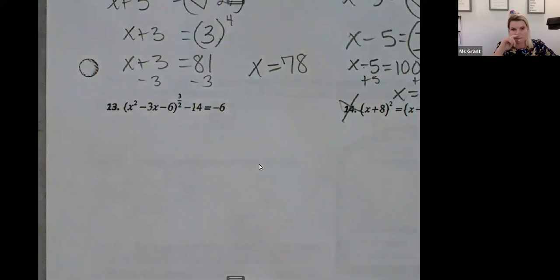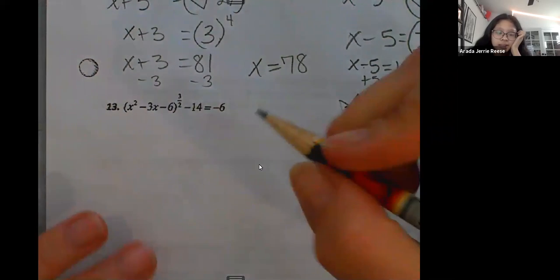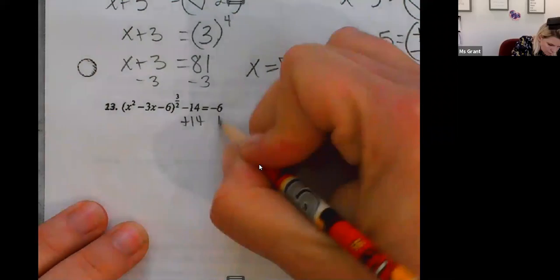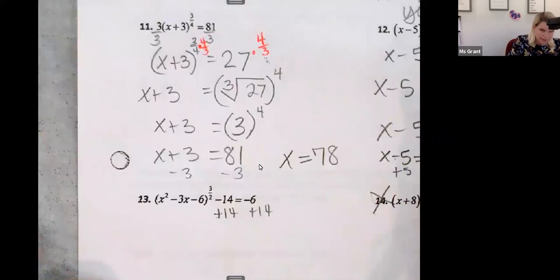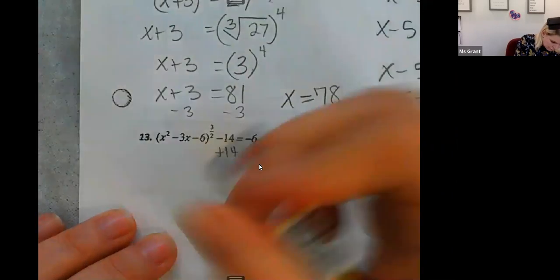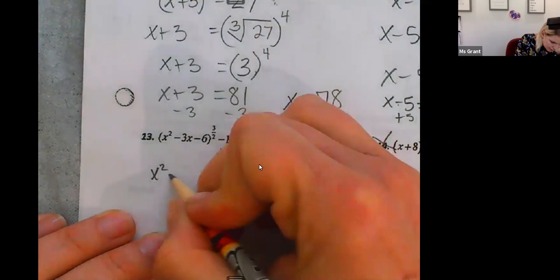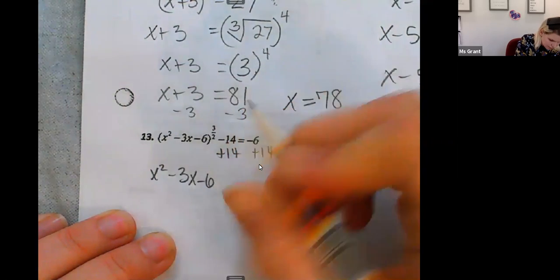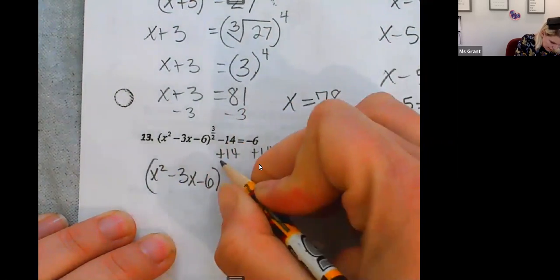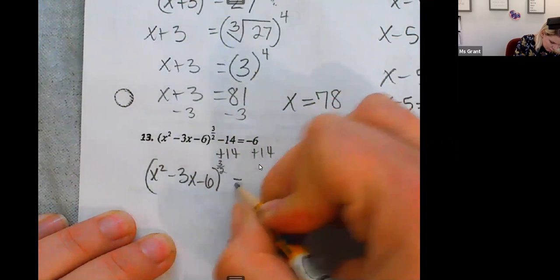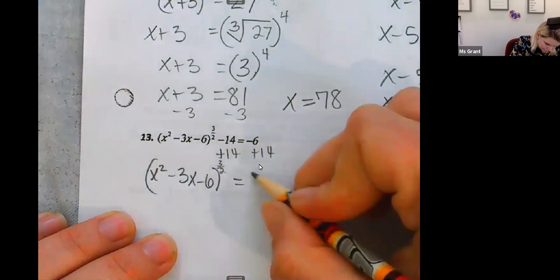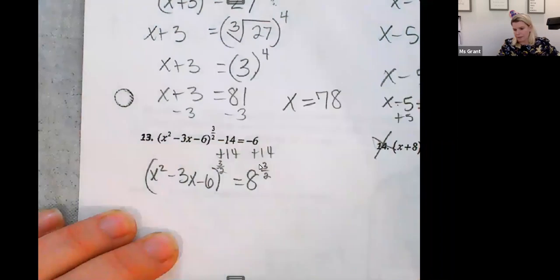Yes, Jerry. Add 14 to the right. Thank you. All right, I've got a trinomial here. x squared minus 3x minus 6 all to the 3/2 power equals 8 to the 3/2 power.